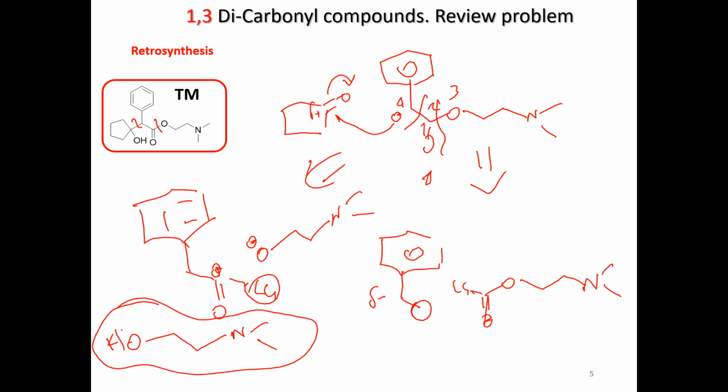So this one could be easily disconnected here, but instead of putting a leaving group there, the epoxide itself, when the ring is open, it's like having a sort of leaving group.